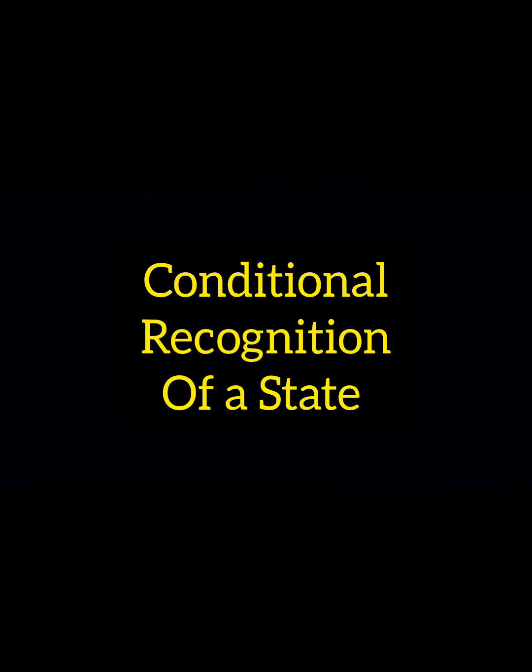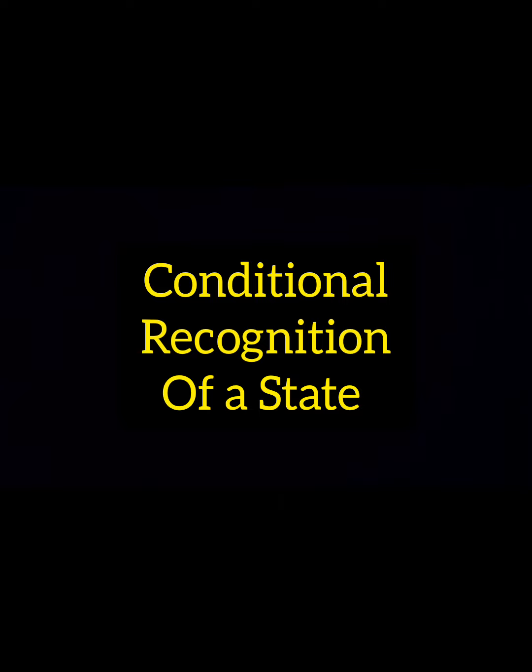So when Britain, France, Italy, and Germany recognized Serbia on June 28, 1878, it was a conditional recognition as it laid down the condition that Serbia shall not impose any religious inabilities on any of its subjects.